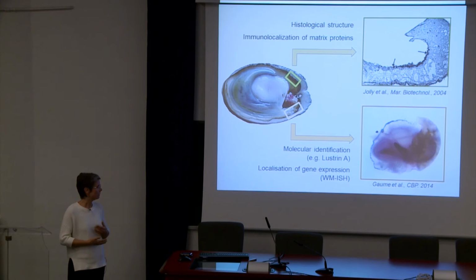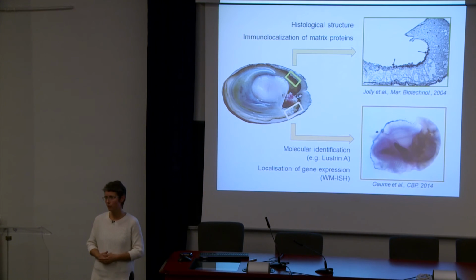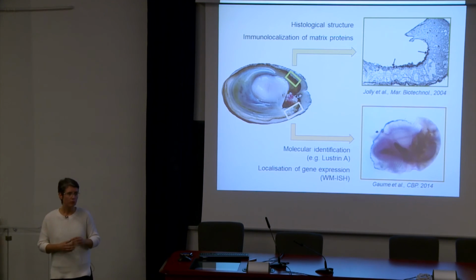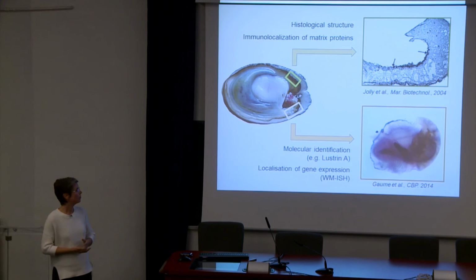The expression of lustrin A has been evidenced in the epithelial cell of the mantle in a specific part where the nacre is formed. So this confirms that lustrin A has a role in the formation of nacre. Nevertheless, the differentiation of mantle areas and their respective role in the formation of a given microstructure still remains to be clarified.